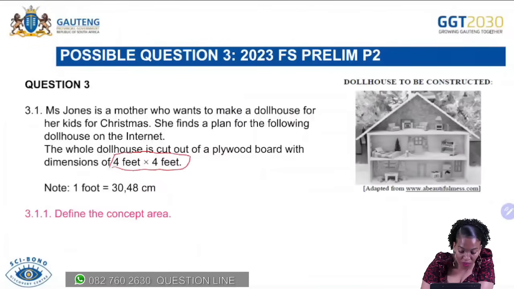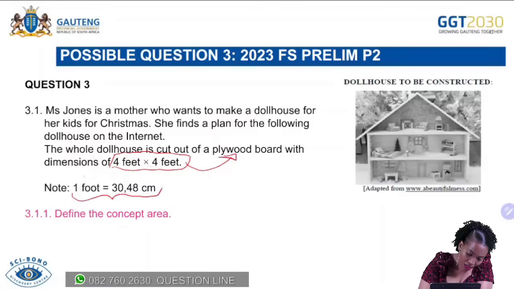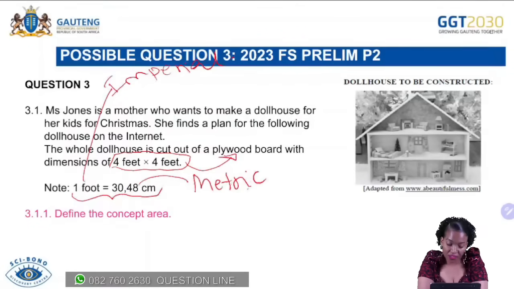So already, if it is 4 feet by 4 feet, it means that is the area of the plywood board. Take note that 1 foot is equivalent to 30.48 centimeters. Remember, this is the imperial unit, and this one is the metric unit, the one that we use in South Africa.